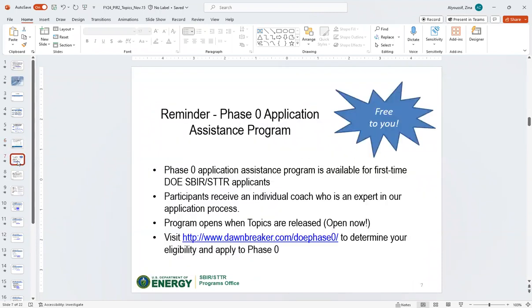I also would like to remind everyone that the Phase 0 Application Assistant Program, which is free to you, is now open. The Phase 0 Application Assistant Program is available for first-time DOE SBIR/STTR applicants.